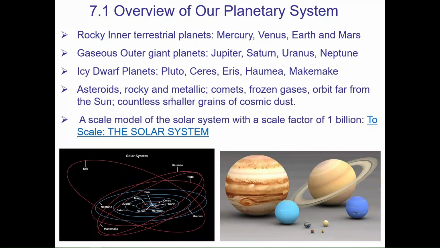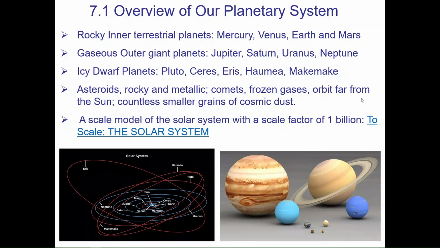Other than the major planets and dwarf planets, there are a lot of asteroids. They are basically rocky and metallic material. And asteroids are primarily located in a belt which we call asteroid belt between Mars and Jupiter. And we also have a lot of comets, which are made from frozen gases.